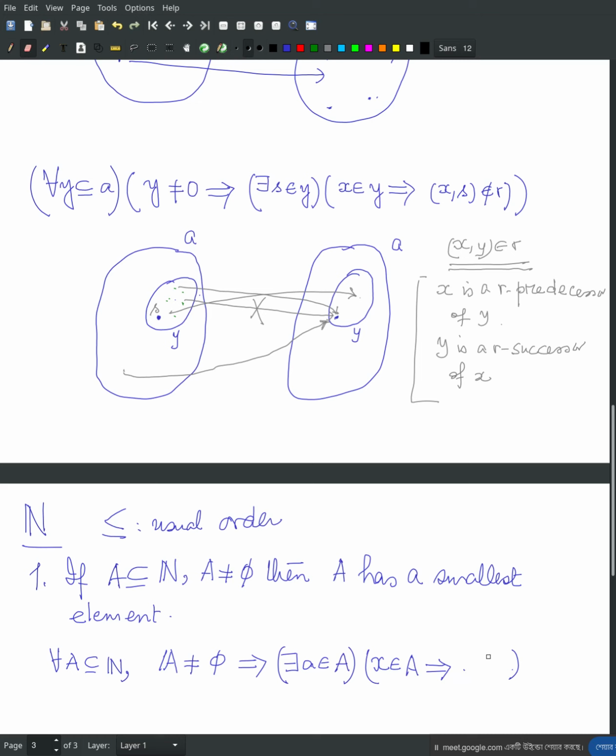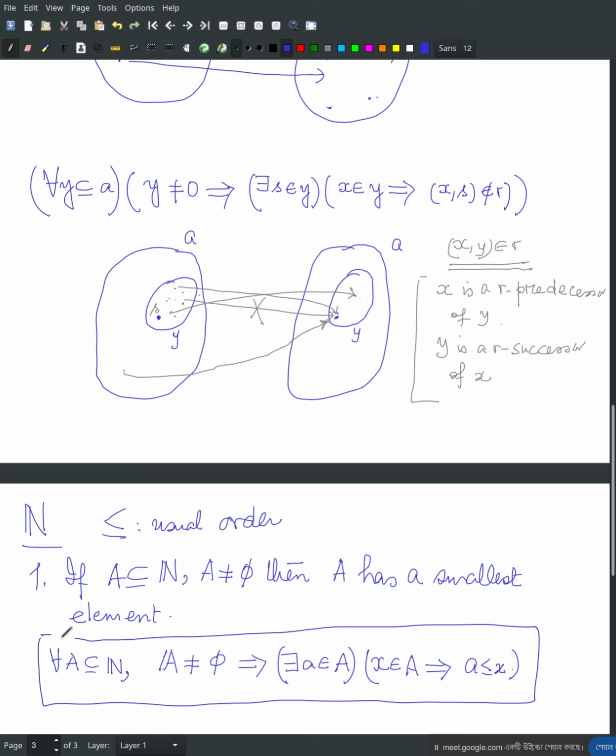Using the fact of ordering of the natural numbers, we write it in this way. That's exactly this statement. This statement and this statement are exactly the same. Agreed?